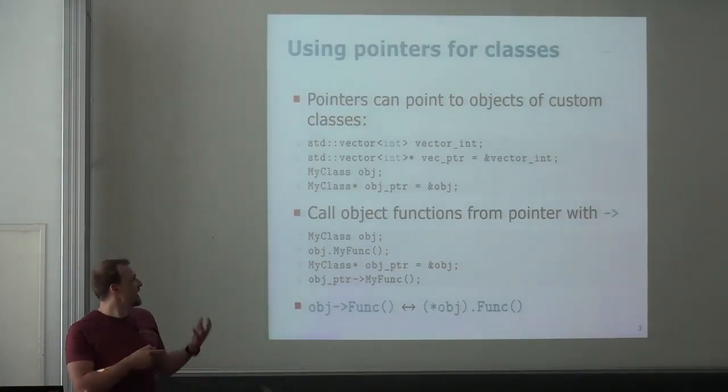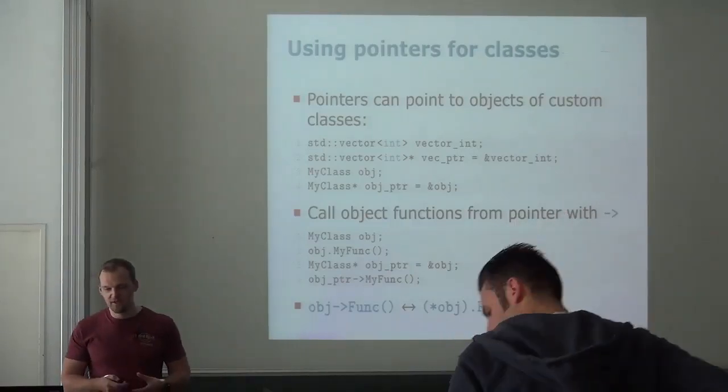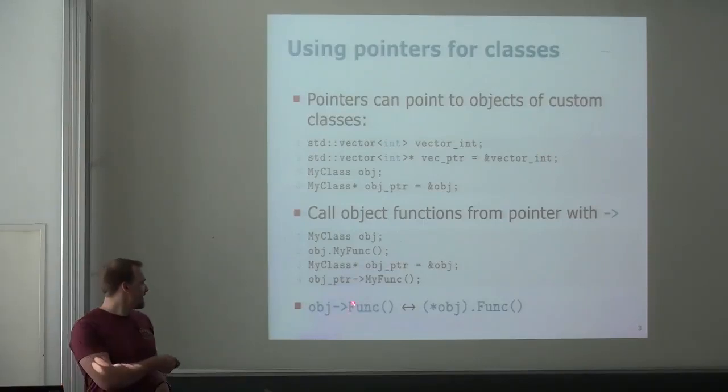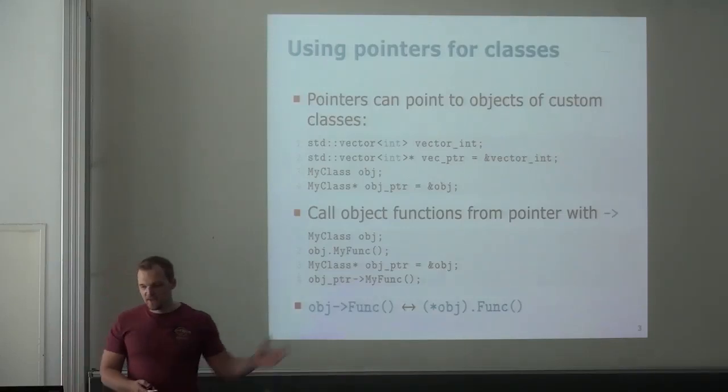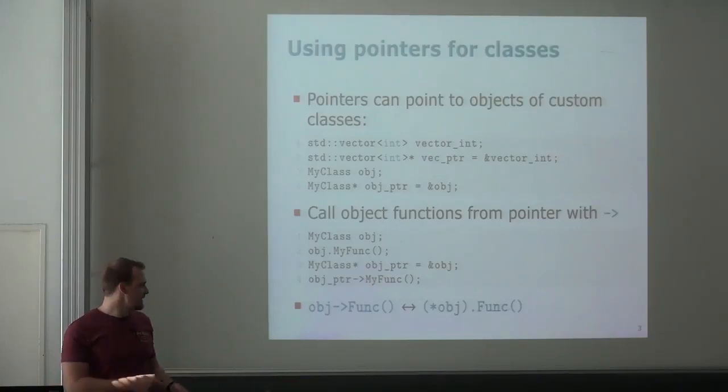You can easily point to an object of your own class. For example, if I have my class and I define an object of it, then I can create a pointer to it, and I can access all the methods with this kind of arrow over here. And this arrow is just a syntactic sugar for us in C++. To the compiler, it looks like this.